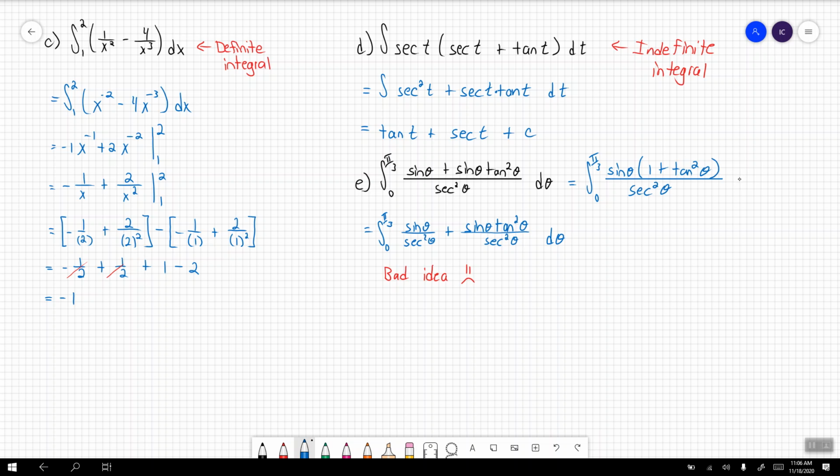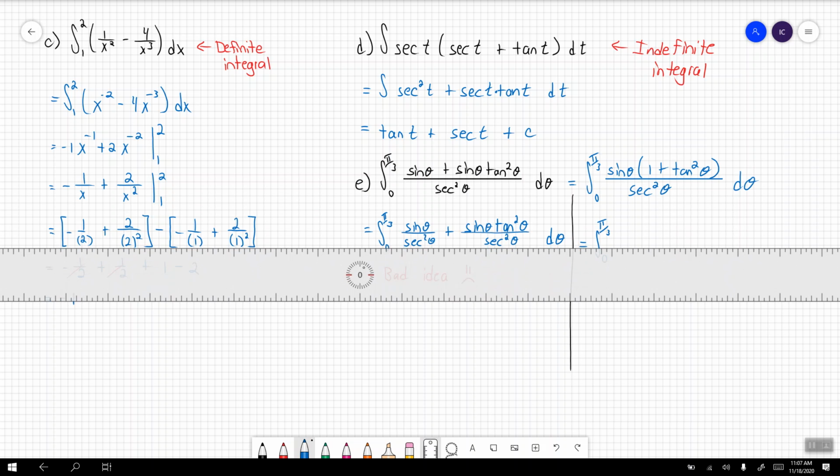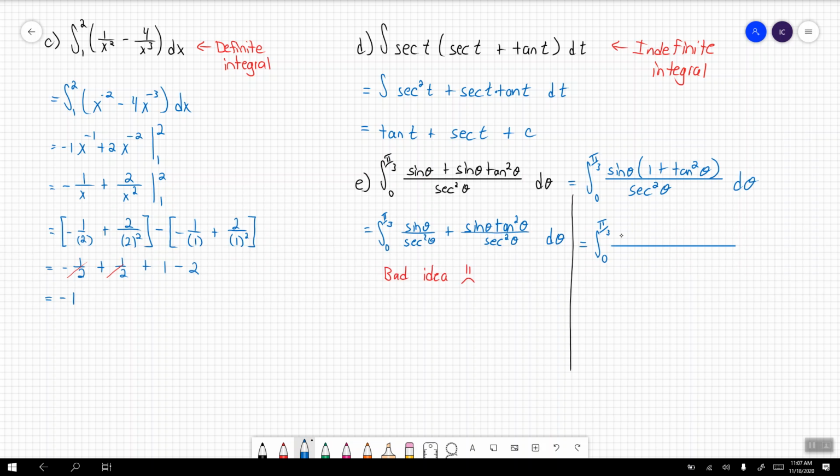And the reason why I decided to go back and try this approach here is because my numerator now contains 1 plus tangent squared of theta. 1 plus tangent squared of theta is a Pythagorean identity. That Pythagorean identity for 1 plus tangent squared theta is secant squared theta. And so when I initially saw that, or after I initially saw it, my mind said, hey, some stuff can then simplify.